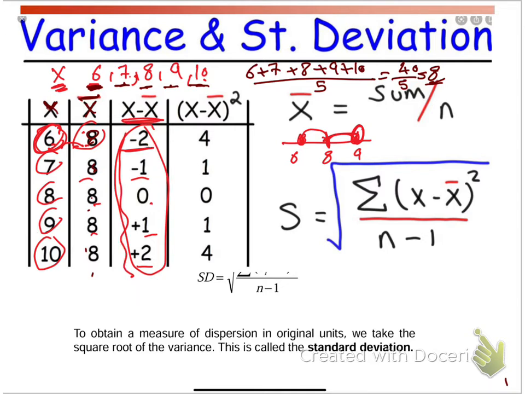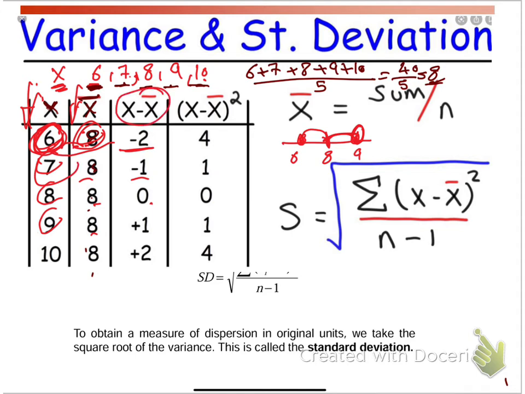So the first thing we have to do is list down x, then put x bar, and then get the difference between x and x bar, x minus x bar, and then this column has to be squared in the next column. So it is a very systematic way.